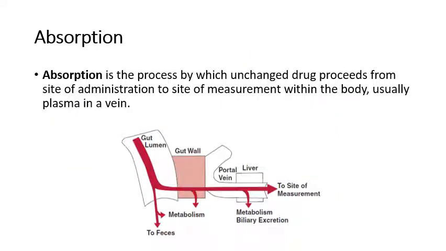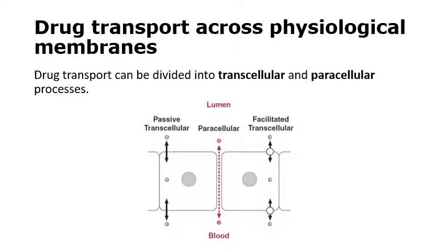Absorption can be defined as the process by which unchanged drug, and this is important, unchanged drug proceeds from the site of administration to the site of measurement within the body, which is usually the plasma in a vein. Drug transport across physiological membranes usually occurs by two pathways. These are either transcellular transport or paracellular transport.